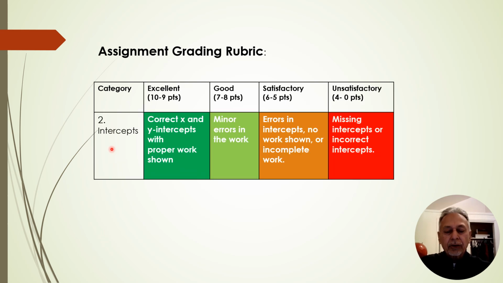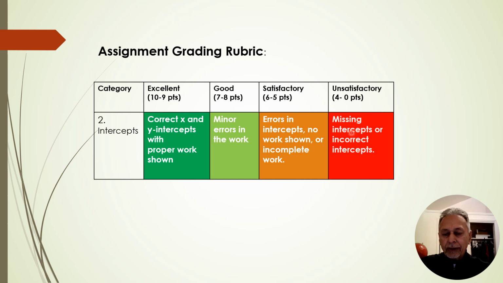Number 2 category is intercepts. You will get 9 to 10 points if the x and y intercepts are correct with proper work shown. You get 7 to 8 points if there are minor errors in the work, or satisfactory, you get 5 to 6 points, if the errors in the intercepts are no work shown or incomplete work.